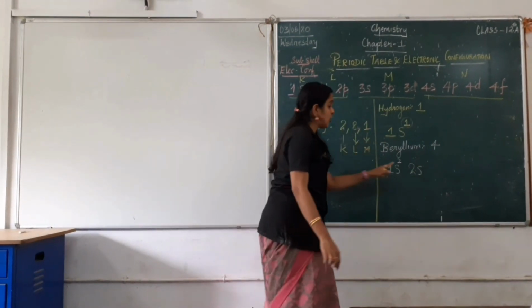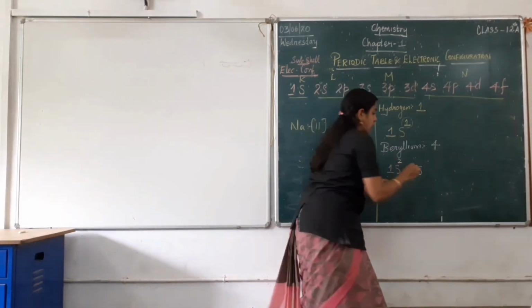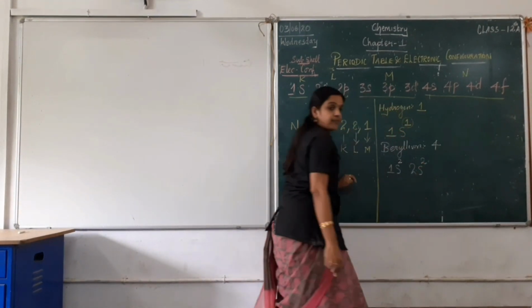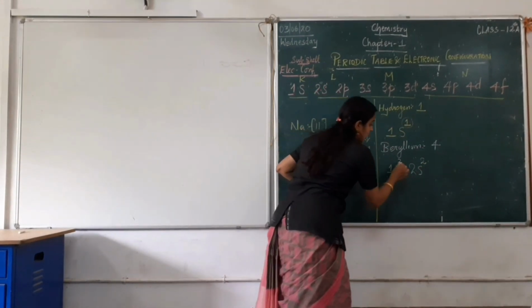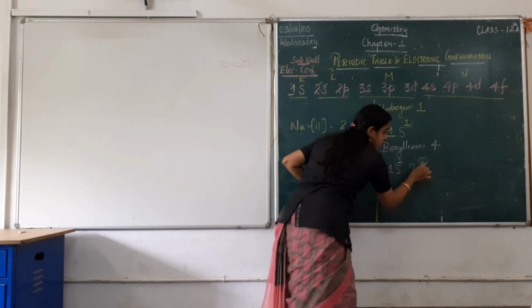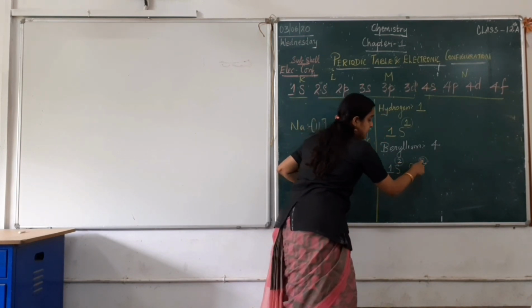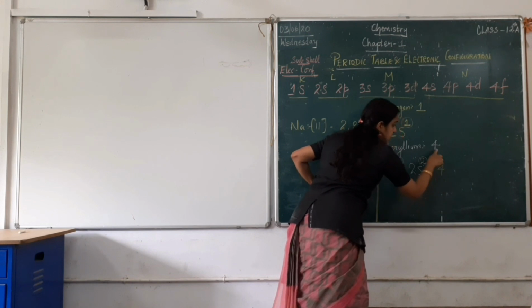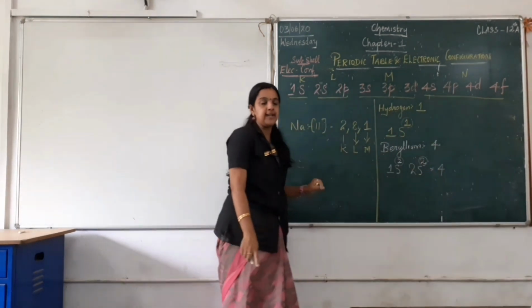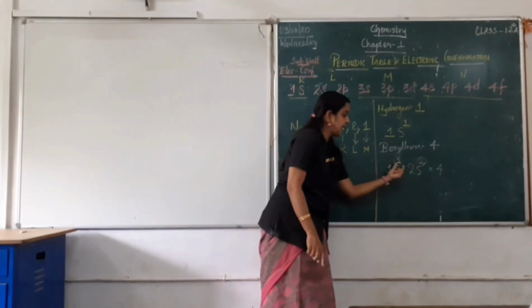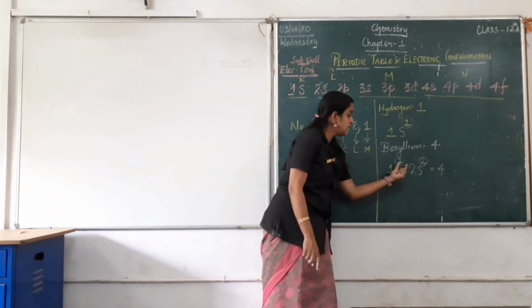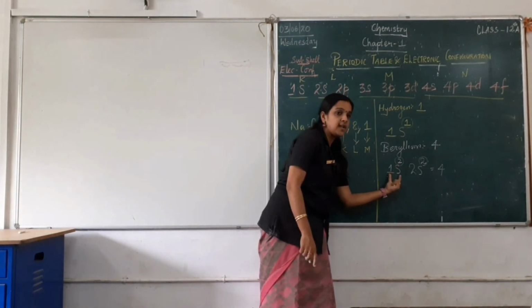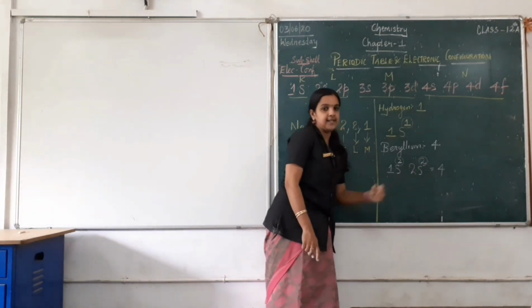Now again I know S can take only 2 electrons. So I put 2 here. Now what happens here? Now count the electrons on the top of the subshell. 2 plus 2 equal to 4, which is the atomic number of beryllium. So I know I have 4 electrons in beryllium, 2 electrons in my first shell, 2 electrons in my second shell.